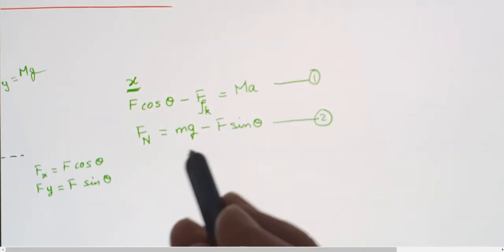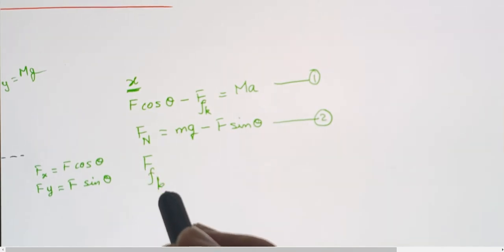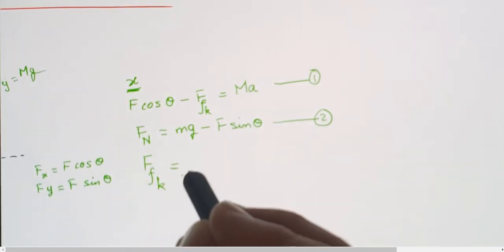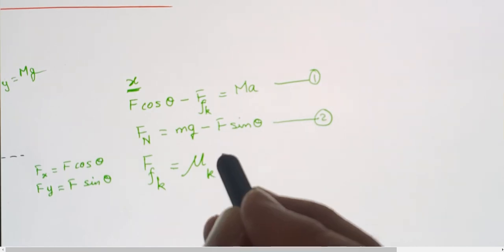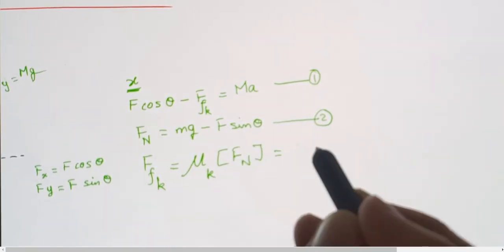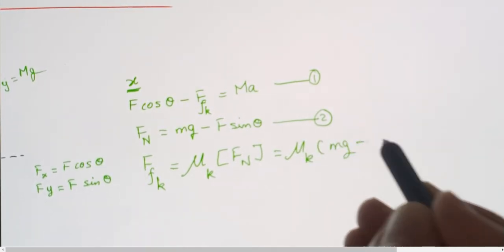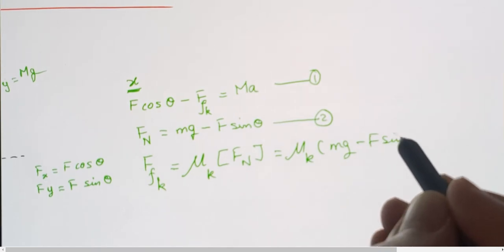And of course, the last equation, the kinetic force is equal to mu k multiplied by F of n, which is mu k multiplied by mg minus F sine theta.